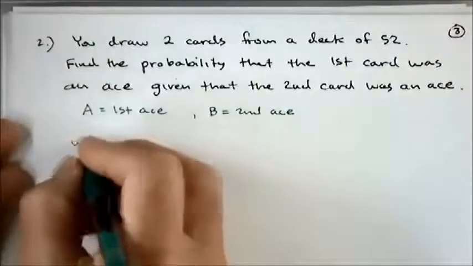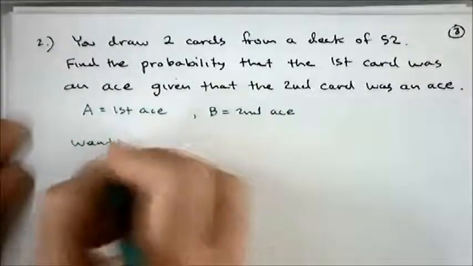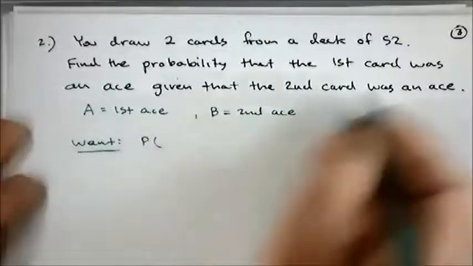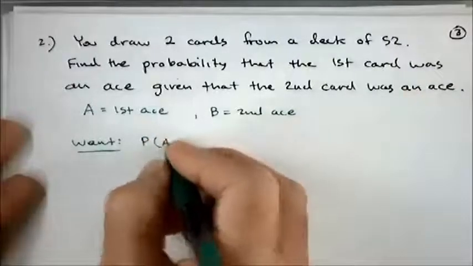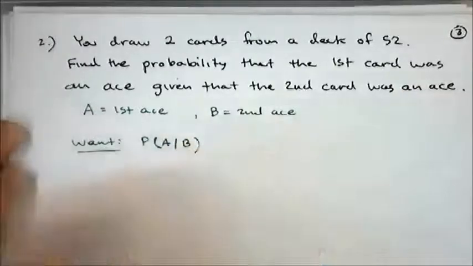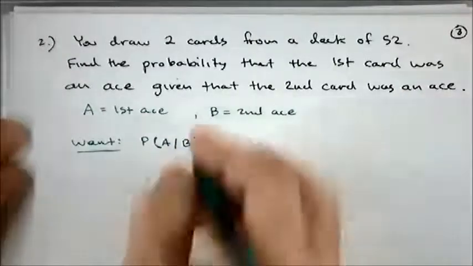So what do we want here? It's a conditional probability. We want the probability that the first card was an ace, the probability of A given that B happened, that the second card was an ace.